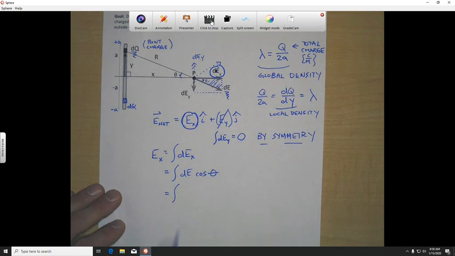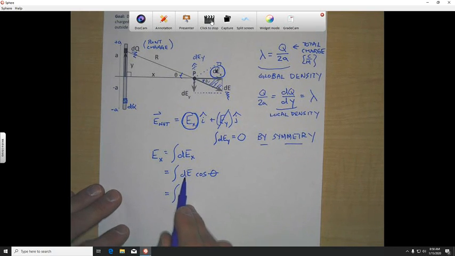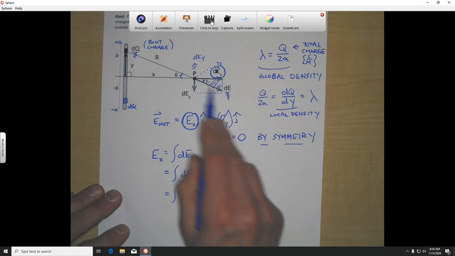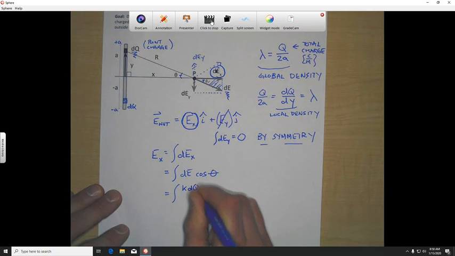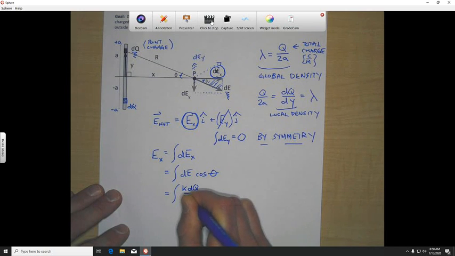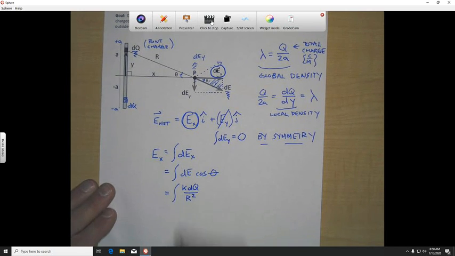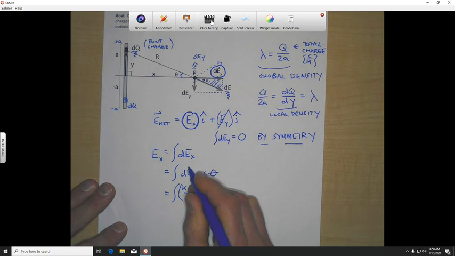Next step, I'm going to replace dE with something that we all know from last week, which is the electric field here from a point charge is simply equal to k dQ over r squared. That's my dE. That's this term.